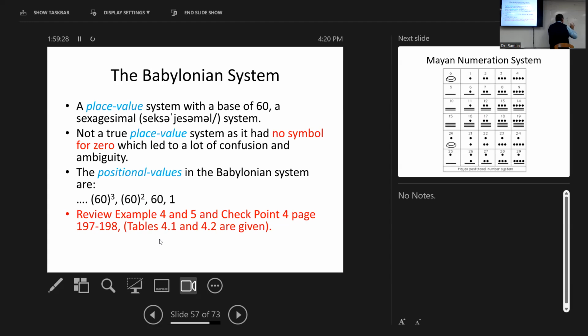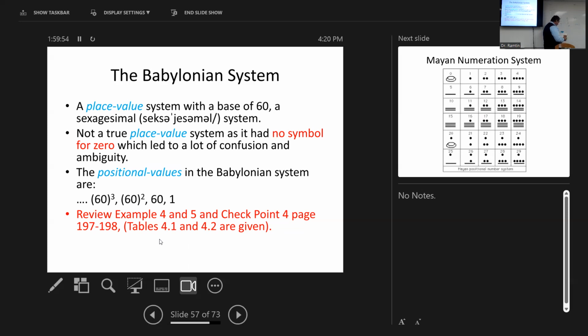Don't worry about the positional place right now, we just want to write the digits, the values. And this one is 2 of this size, which would be 1 plus 1. Okay? I got this from that table.